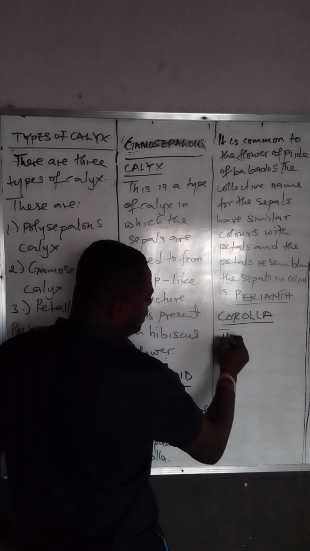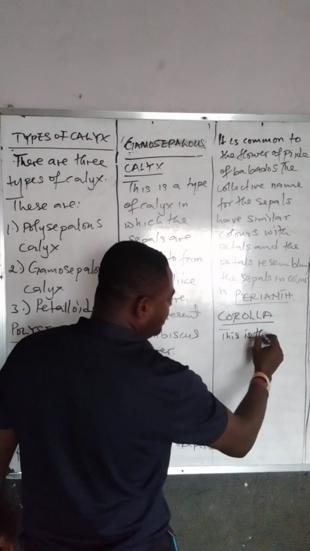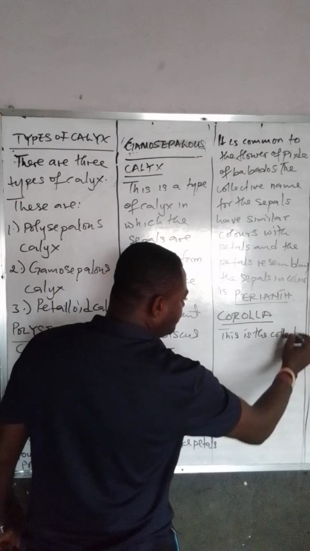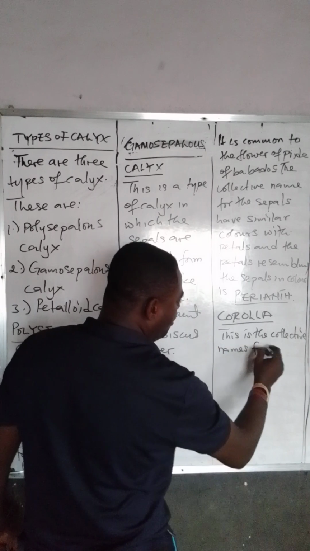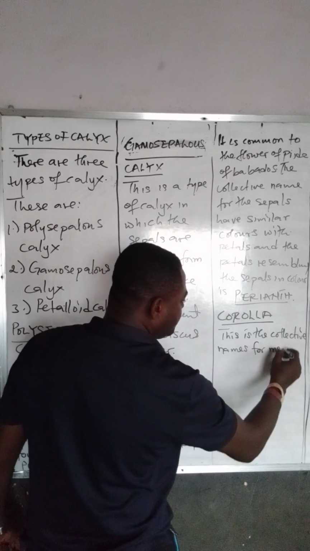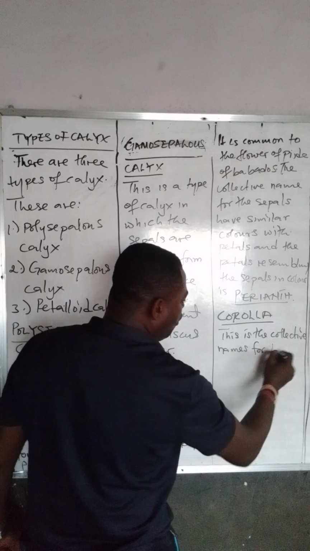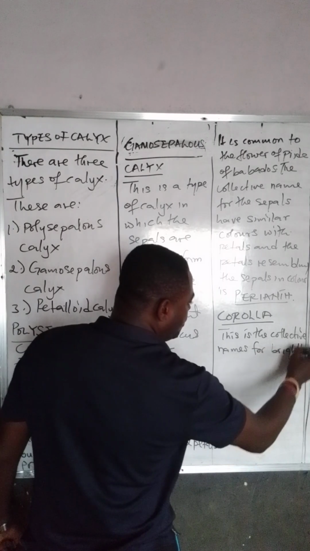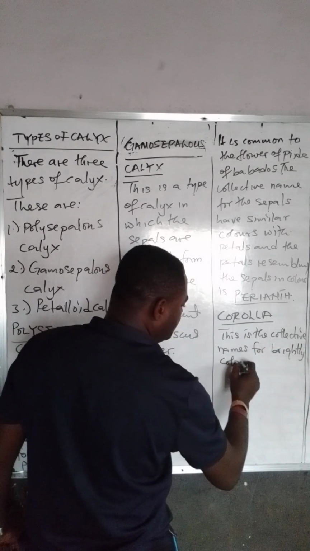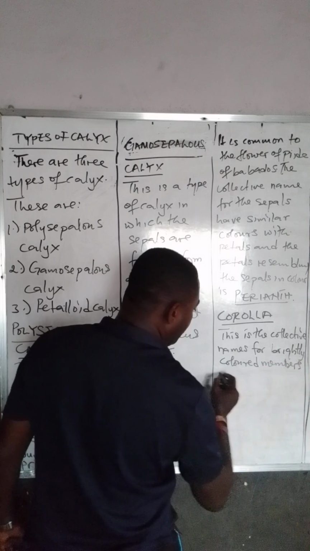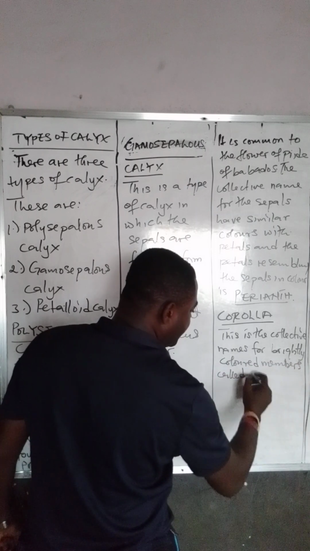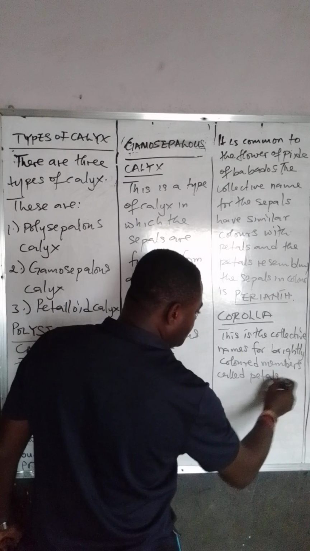Corolla. This is the collective name for the brightly colored members called petals.